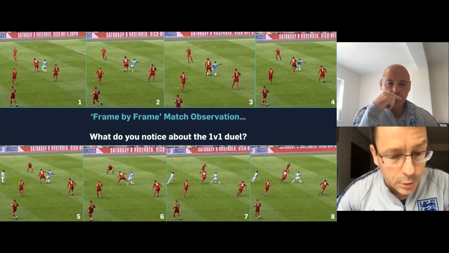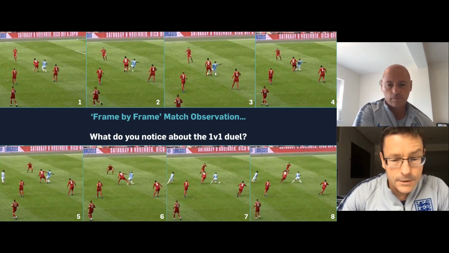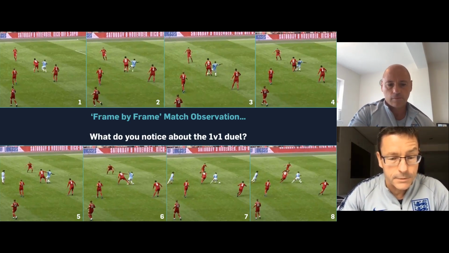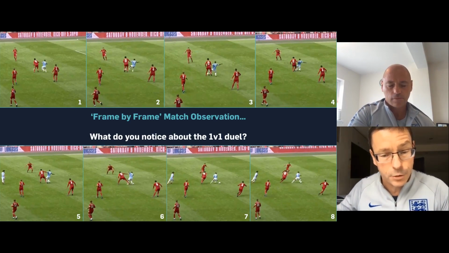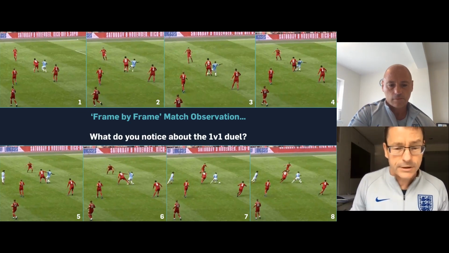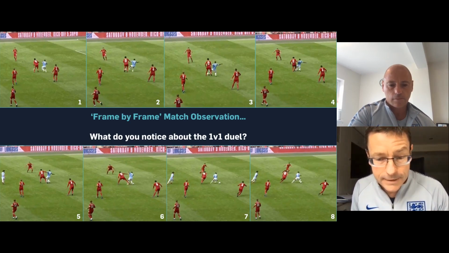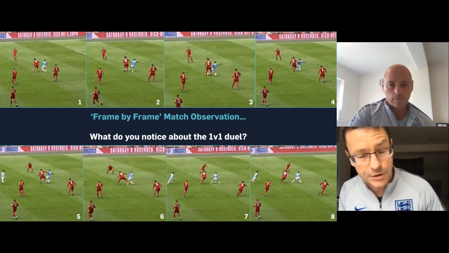And he starts to push off now in number 6. And number 7, now you see the distance has gone between them. He's definitely got the advantage with the lines of force by pushing off on his left foot towards goal. And it's Gomez, I think, isn't it? He's still upright, not yet turned, not able to push off as Sterling really pushes away from him.